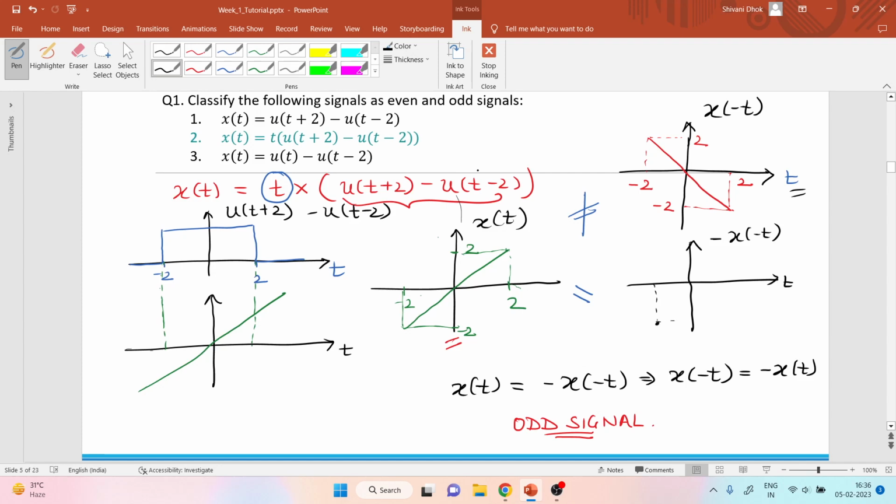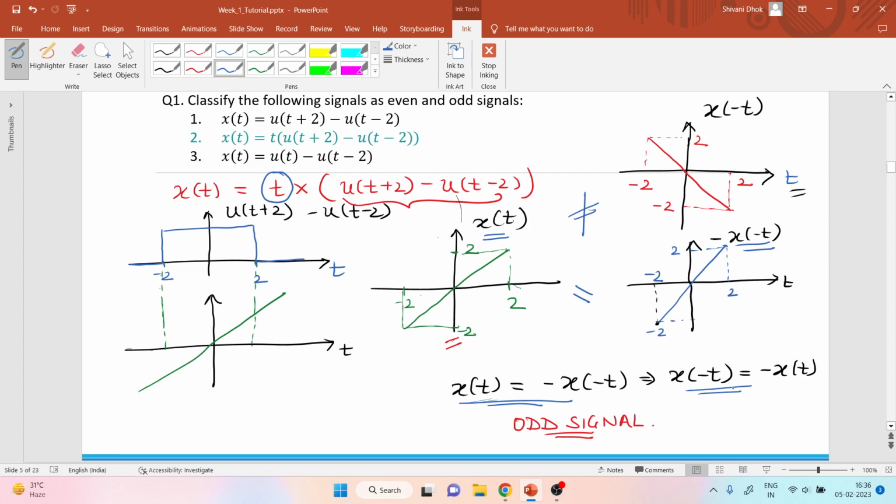That is, it will start from here and then it will go something like this. That is, at 2 we will be having an amplitude of 2, which was earlier minus 2, and at minus 2 we will be having an amplitude of minus 2, which was earlier 2 for x of minus t. And now if we compare x of t and minus of x of minus t, these both are same, and therefore we are having this condition that x of t is equal to minus of x of minus t, and x of minus t is equal to minus of x of t.